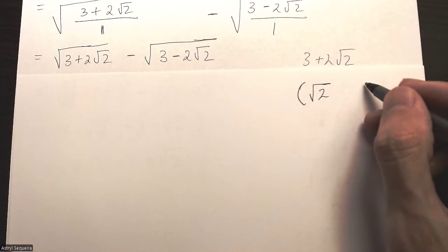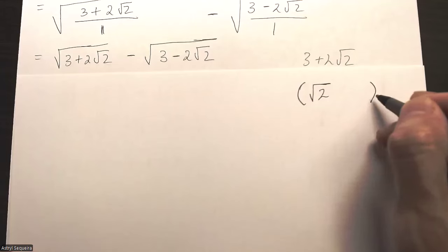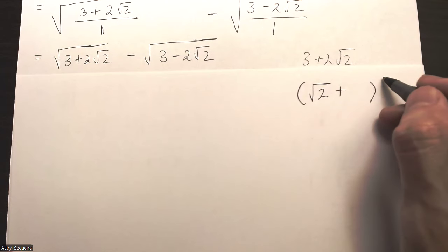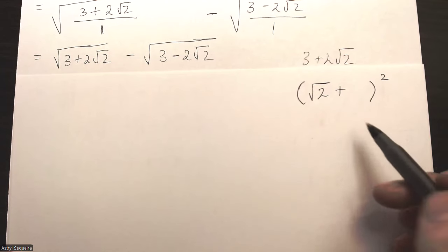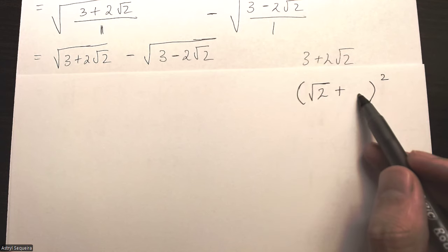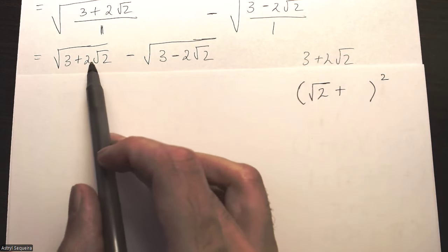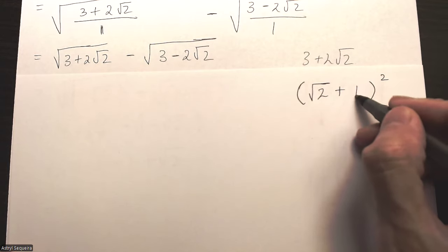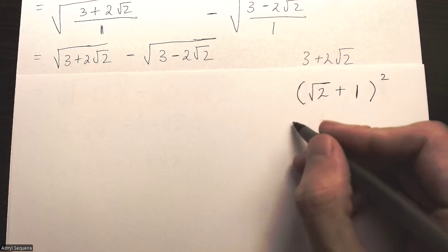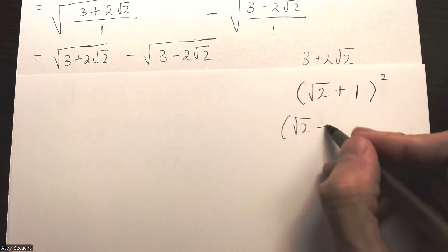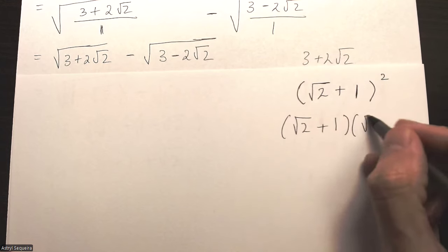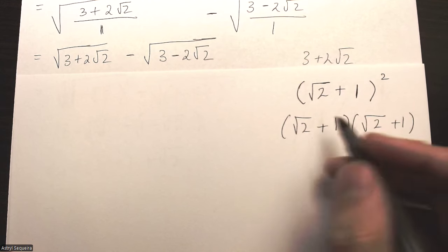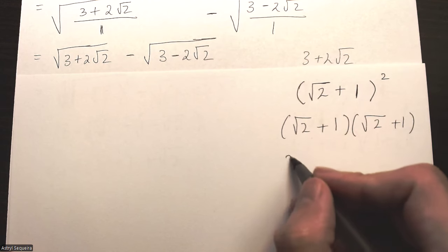So if I have root 2 plus something squared, I need to figure out this constant here and this constant here. To get 2 root 2, I just need to do root 2 plus root 2, which means this should be a 1 over here, because then when I expand it out, root 2 times root 2 is just 2.